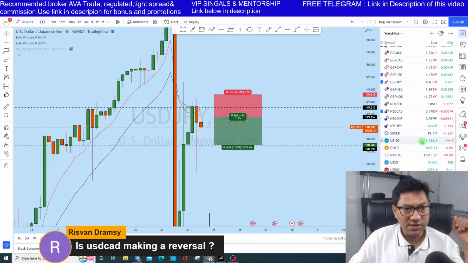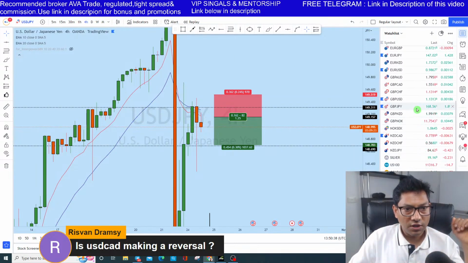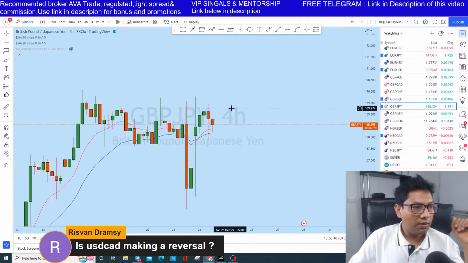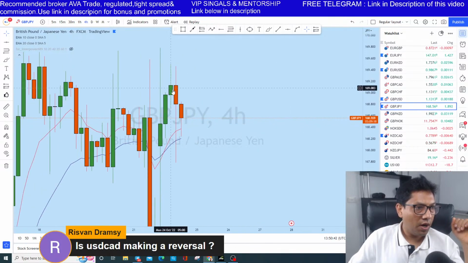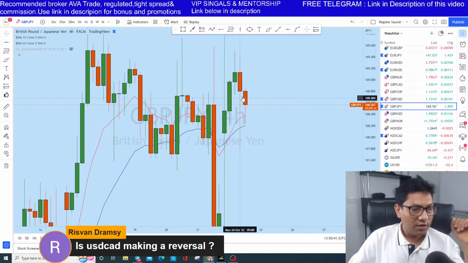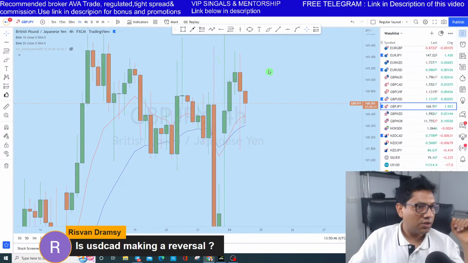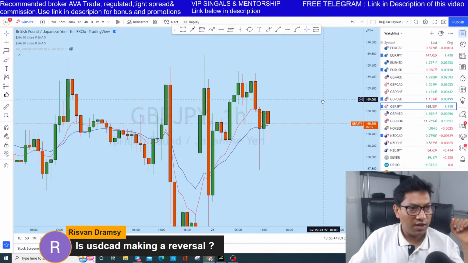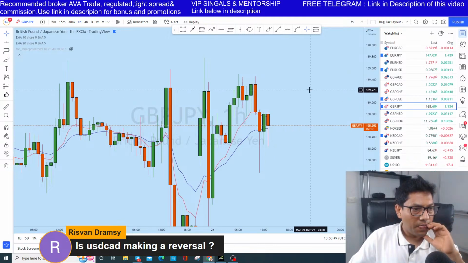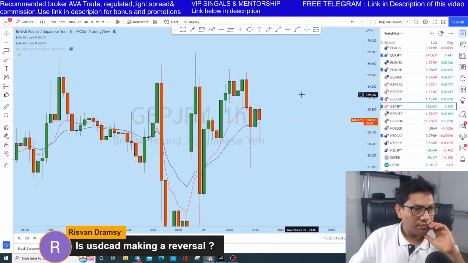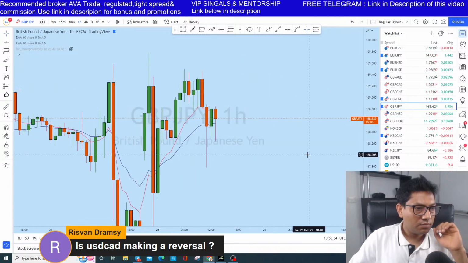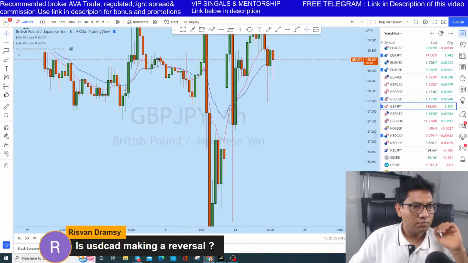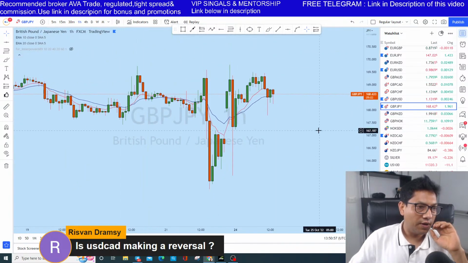And we have seen some upward movement on GBP/JPY, because on GBP/JPY there is a bearish engulfer. There has been another candle to the downside, which is expected. Now this is the hourly candle.